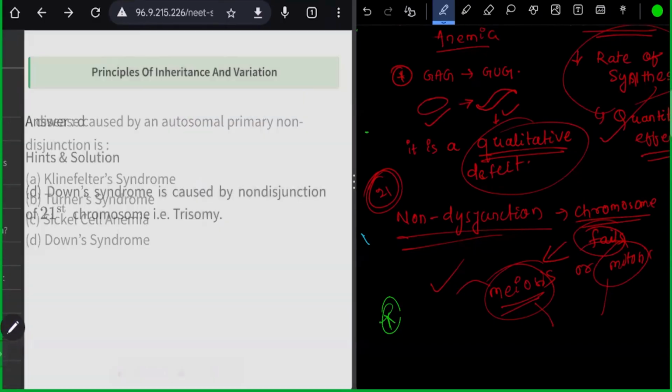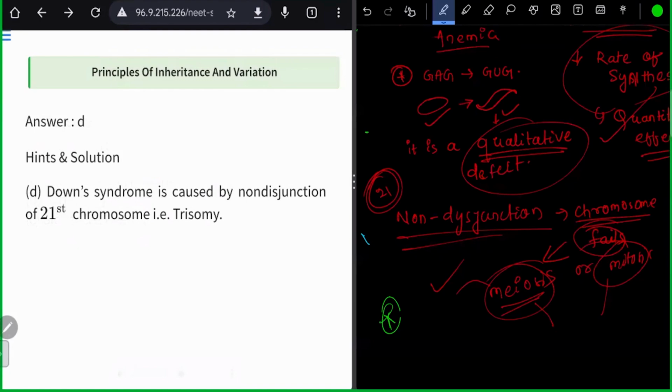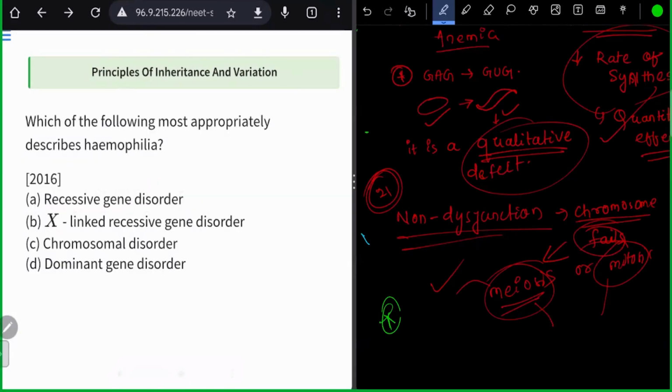Next, you can see Down syndrome is caused by non-disjunction of the 21st chromosome, that is trisomy. That means an additional copy of chromosome number 21 is there. Next question, which of the following most appropriately describes hemophilia? I have told you that hemophilia is a sex-linked recessive disorder. First option is recessive disorder.